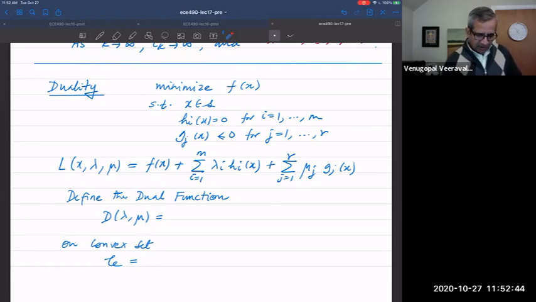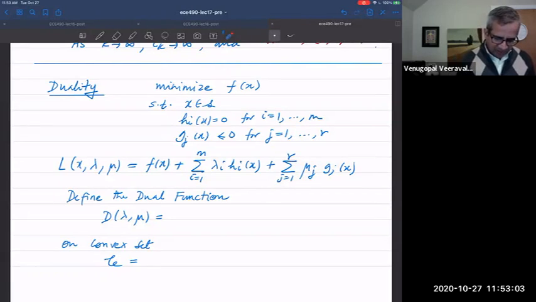You can define a Lagrangian with both the lambdas and the mus. And then we can define a function which we'll call the dual function.